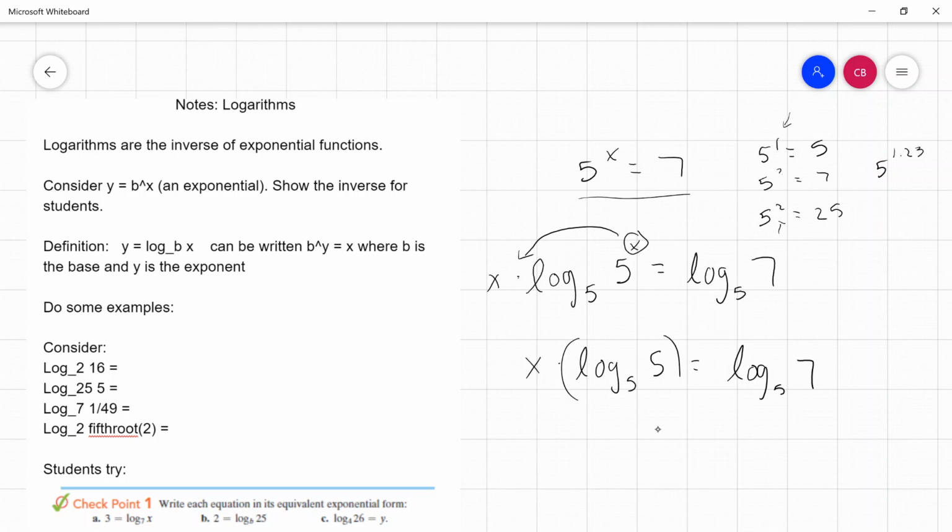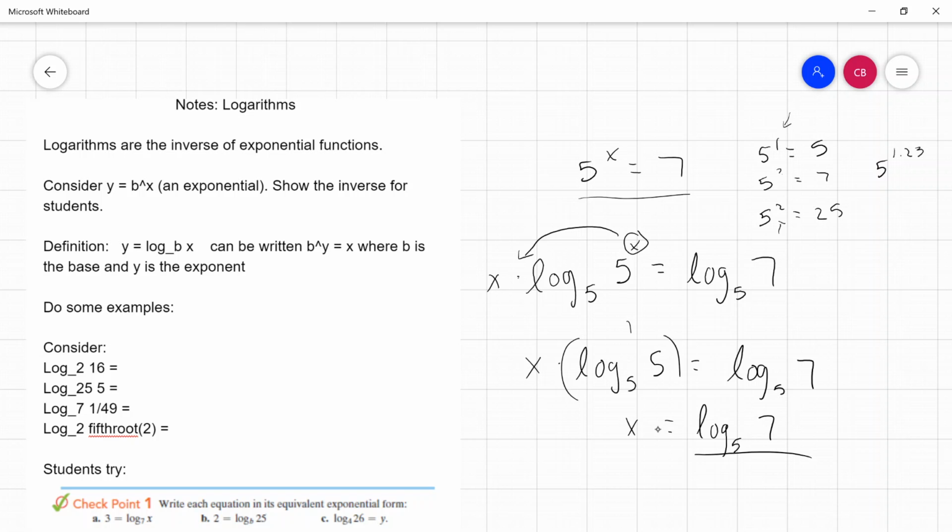And this turns out to be 1, so this is just x is equal to log base 5 of 7. Okay, and so whatever this value is will be the exponent that 5 should be raised to in order to give us 7.